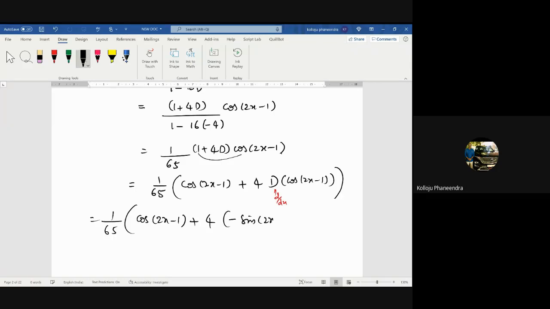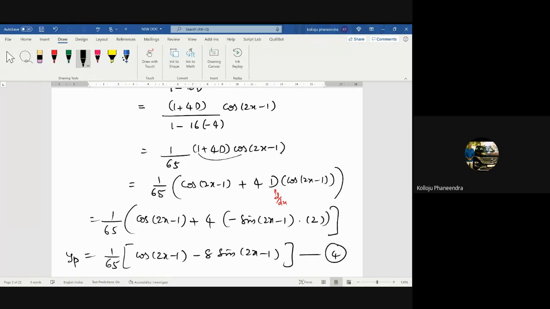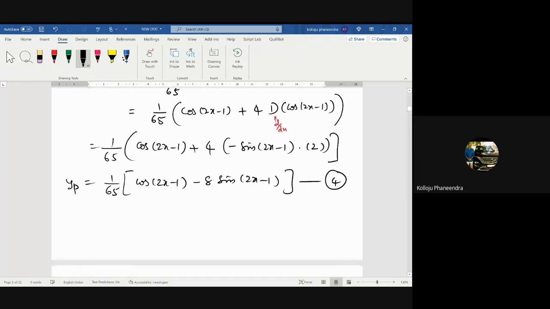Minus sine 2x minus 1. And what is the derivative of 2x minus 1? 2. So 1 by 65, the final answer is cosine 2x minus 1 minus 8 into sine 2x minus 1. This is equation 4. This is the particular integral.